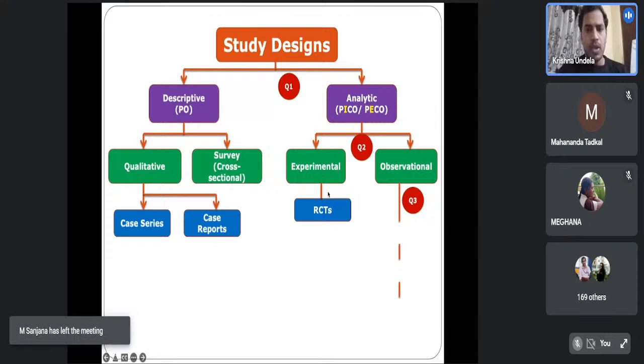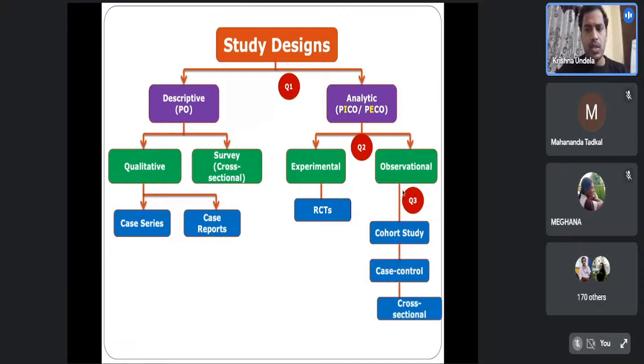The example under that is the randomized control trial. Observational, as we discussed, has three important study designs: cohort study, case control study, and the cross-sectional study. These three are observational analytical study designs. I'll explain the difference between these three in detail in the next slide.